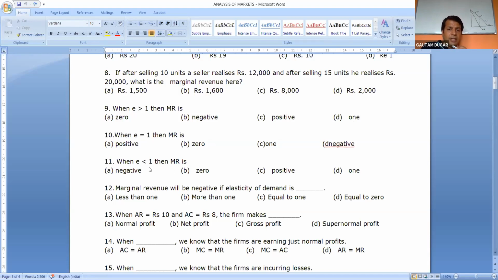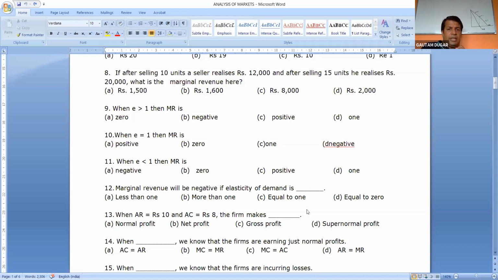When ED is less than 1, MR is negative. Number 12, marginal revenue will be negative if elasticity of demand is less than 1.